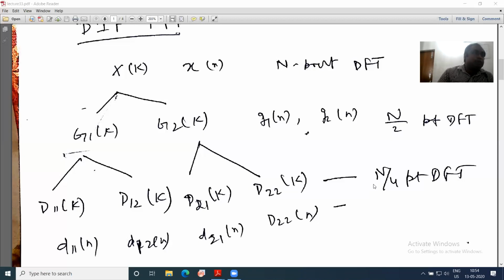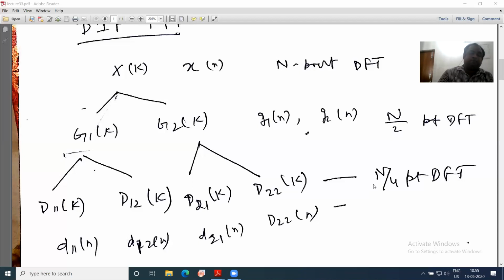However, purpose or target of these algorithms is same, to reduce the computational complexity, right? And reduction of computational complexity is achieved by reducing the number of points in the DFT when we are calculating the DFT. Once we calculate the DFT in lower point, then we combine those results to get the higher point DFT. In the process, computational complexity gets reduced.